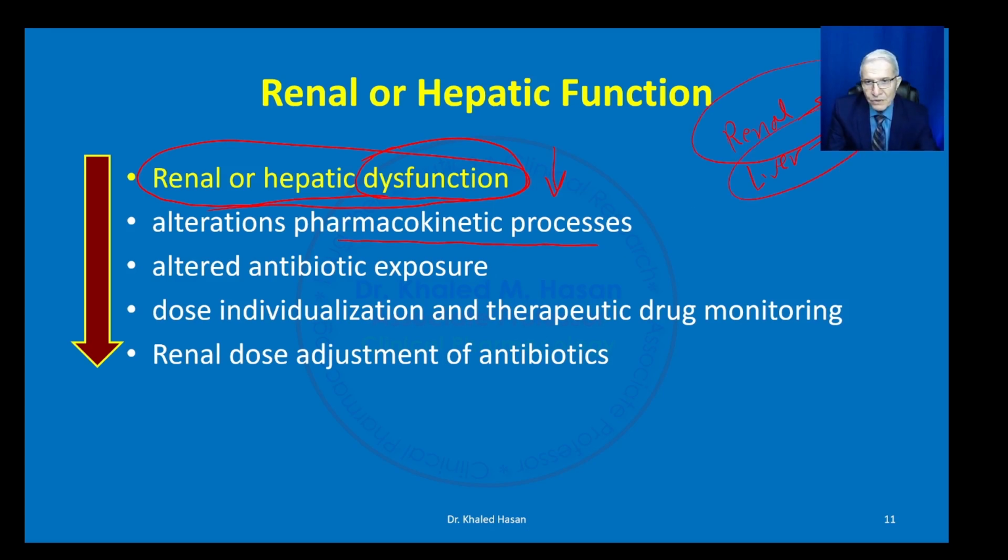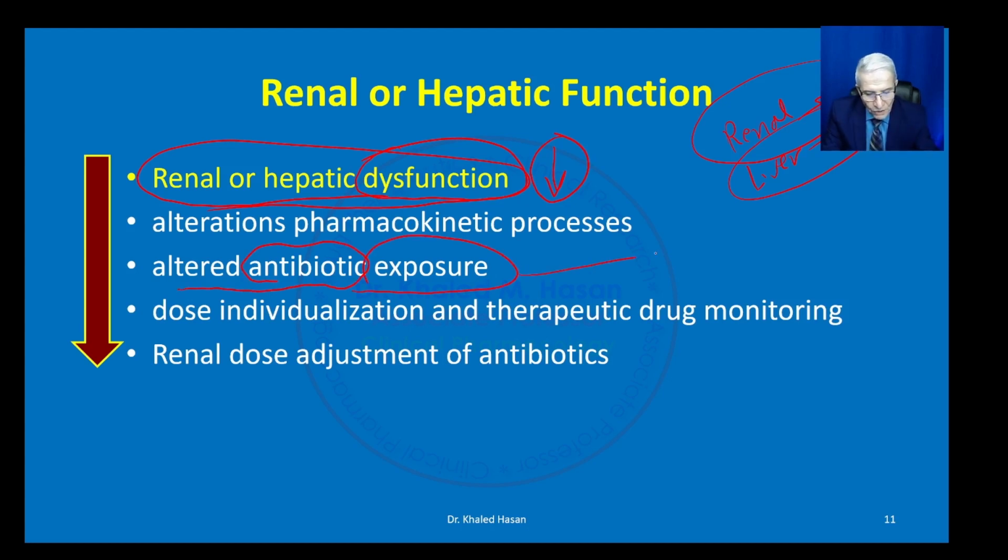So if the patient suffers from decreased function of these two organs, the result will be changes in the pharmacokinetics, changes in metabolism, or changes in elimination. For example, when you have decreased function of the kidneys, this will lead to accumulation of the antibiotic and increased exposure to the antibiotic.